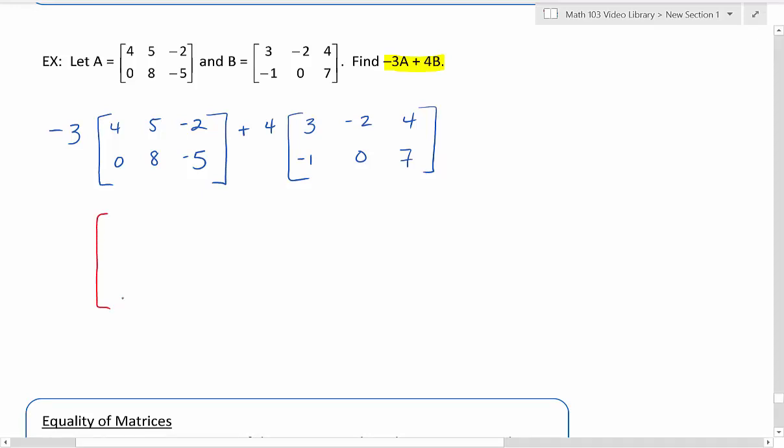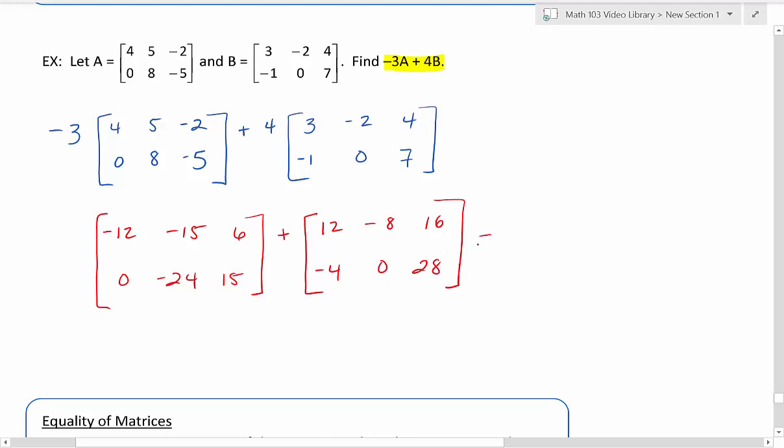I'm going to multiply into each of these matrices. Negative 12, negative 15, 6, 0, negative 24, positive 15. I'll do the same with the second matrix. I'll distribute in that 4: 12, negative 8, 16, negative 4, 0, 28.